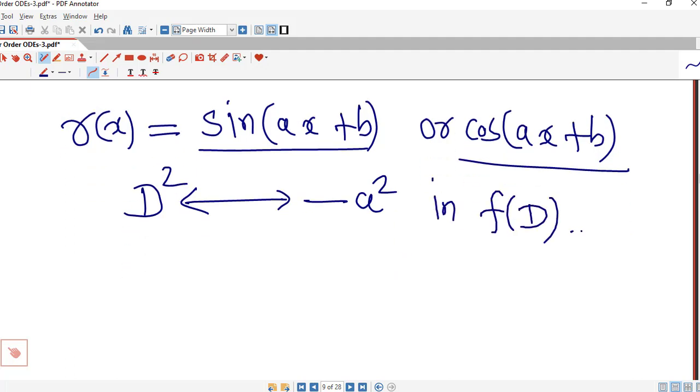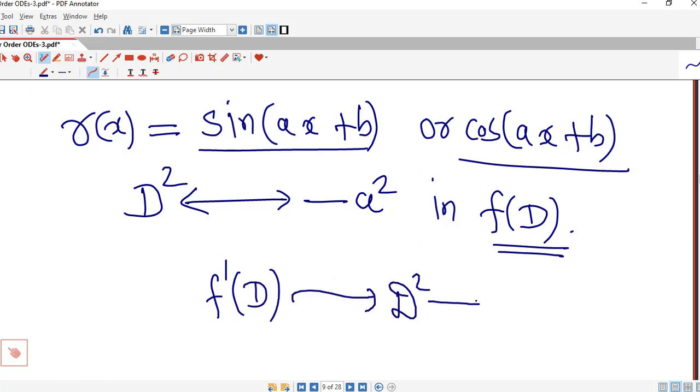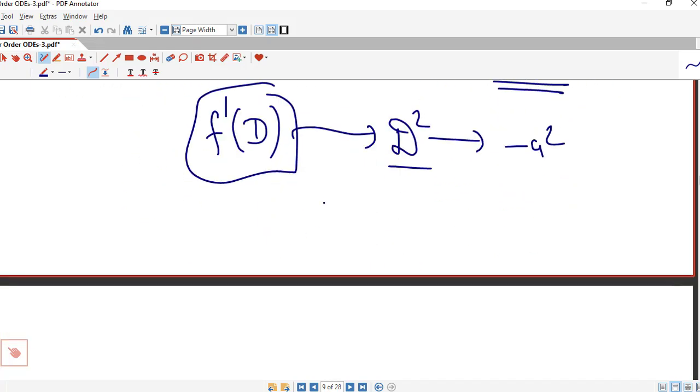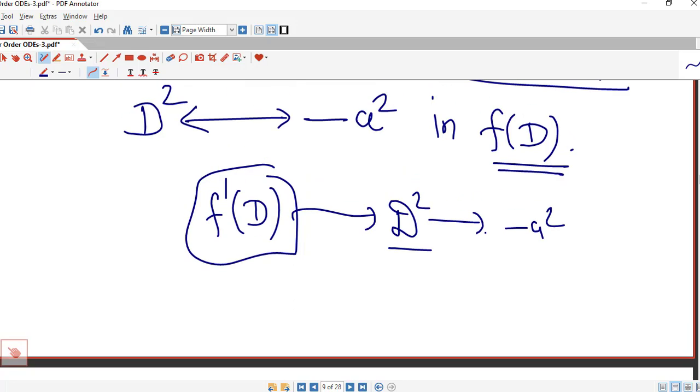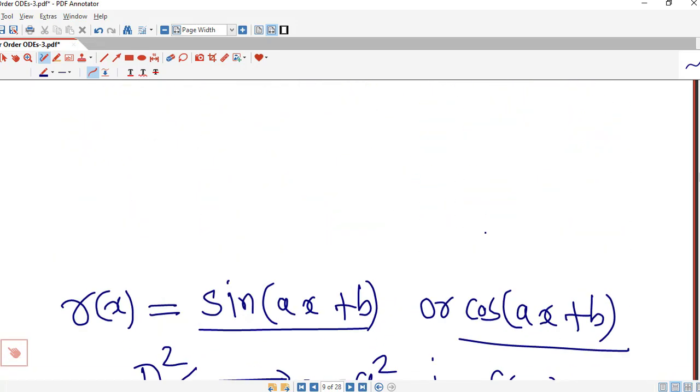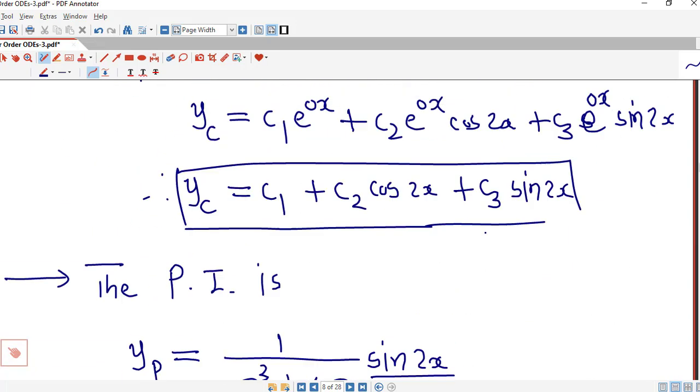Now if f of d becomes 0 after putting d square equal to minus a square, then we will find out f dash d, and then we will replace d square by minus a square in f dash d. Now if there is no d square term in f of d, then we will try to arrange d square by multiplying by conjugates, as we have done in this problem.